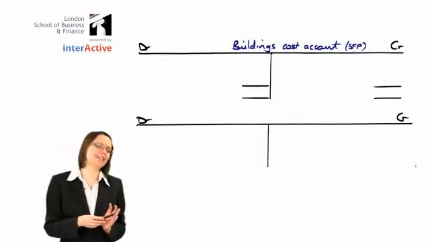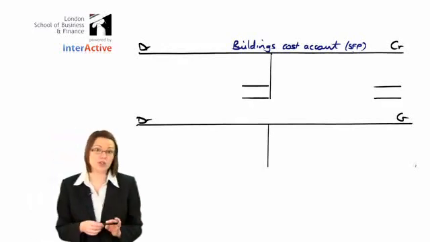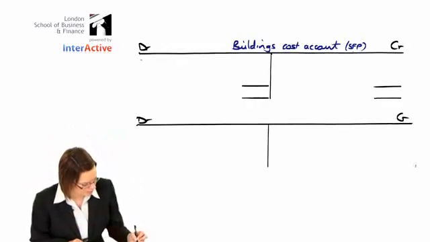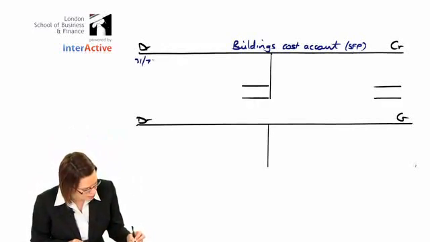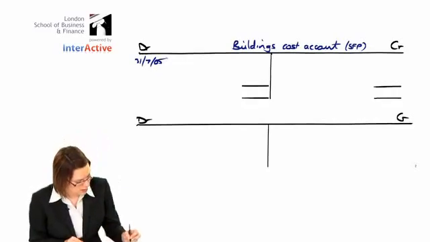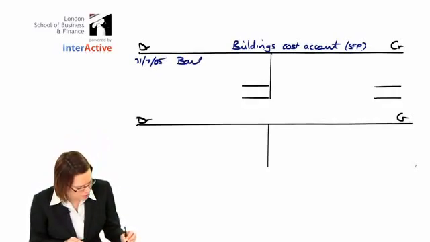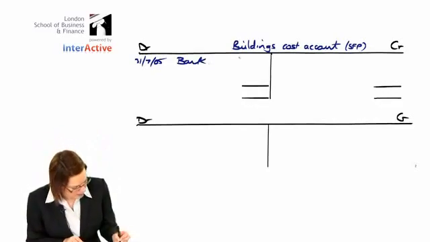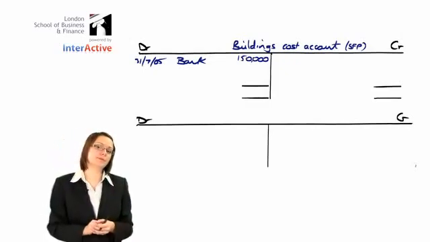Now to record that asset at its initial cost, we need to debit the asset cost account. So, on the 31st of July 05, the date we acquired the building, let's assume we paid it with cash, so bank would be the name of the corresponding entry, $150,000.